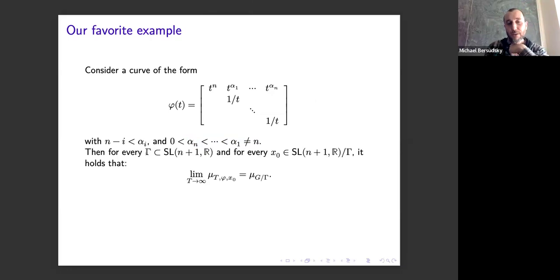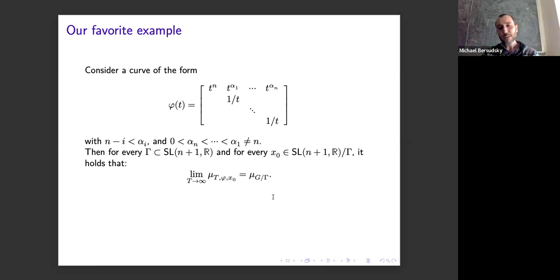Then the statement is that for every lattice gamma and every base point in SL N plus 1 R mod gamma, it will always equidistribute towards the measure on G mod gamma. You have this high dimensional space, SL N plus 1 R, and this one-dimensional curve, and it avoids all of the possible bad restrictions, always equidistributing for every lattice, for every base point.